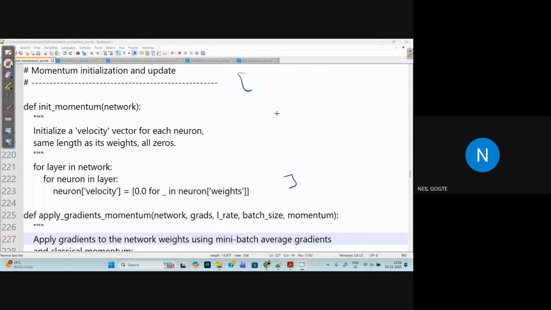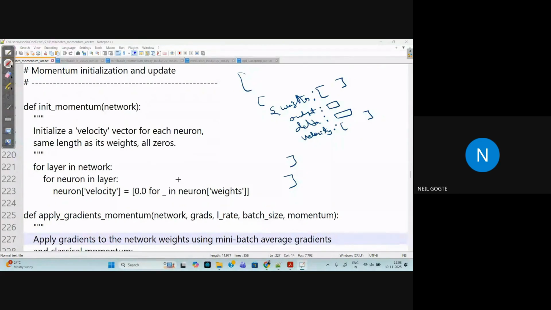Layers, neurons in a layer. Each neuron is a dictionary, has weights, which is a list, then has output, which is a scalar, has delta, which is also a scalar, and then it has this velocity for every weight, which is a vector, mirroring the weights.